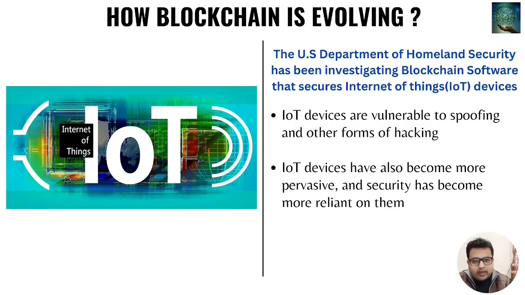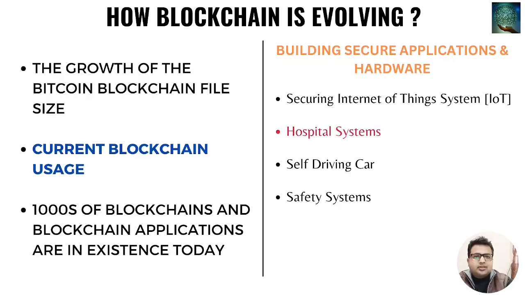United States, they are heavily investing in securing the IoT network using blockchain technology. See, if I talk about IoT, IoT devices are vulnerable to spoofing and other forms of hacking. And also IoT devices have become more pervasive and security has become a major concern. So that's why blockchain is playing a role in securing IoT devices.